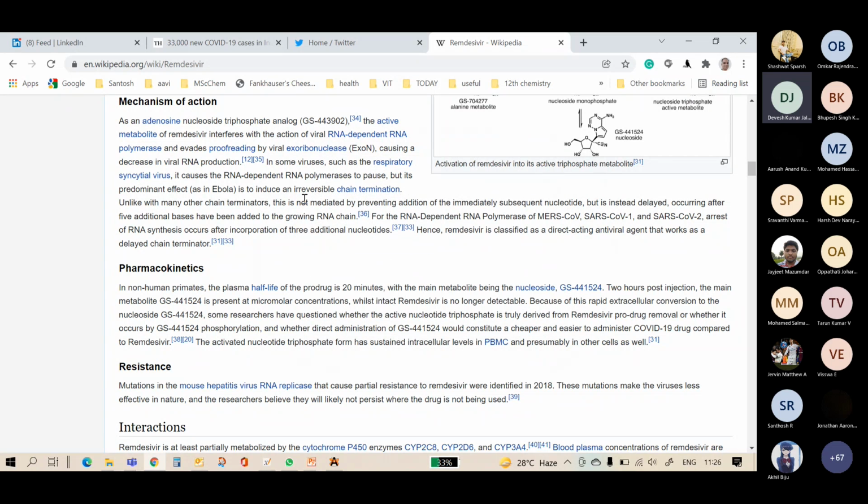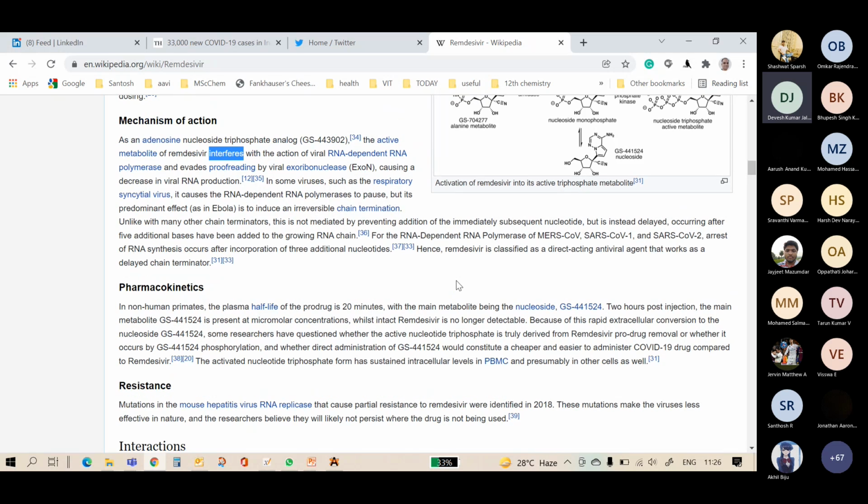Now most of it we don't understand, but one thing is important. It says interferes. Do you see that? So what it means is there is a certain action that is taking place in the normal biochemical pathway, and this remdesivir goes and blocks that action. So this is how drug molecules work.